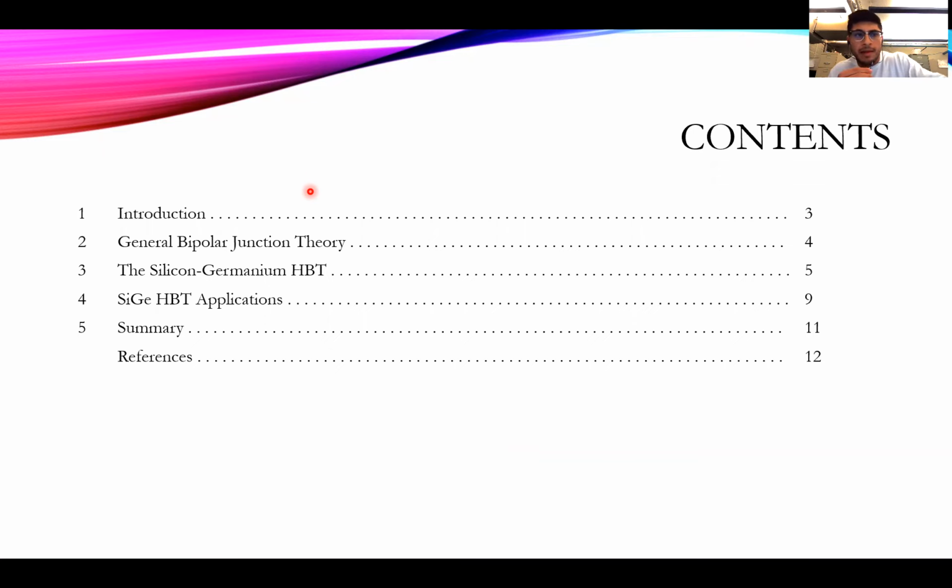The reason I chose to do that is simply because the circuit operation of silicon-germanium HBTs and HBTs in general is actually very similar, if not exactly the same as traditional BJTs, but when you get down into a band diagram level, that's where the differences take prevalence, and that's where these enhanced performance features actually can come into play.